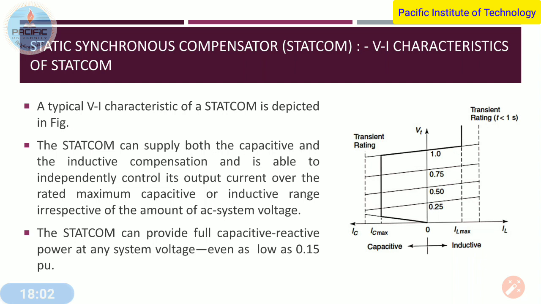Now we know that the STATCOM can supply both capacitive and inductive compensation, right? So it is able to supply both capacitive reactive power and inductive reactive power, and it is able to independently control its output current over the rated maximum capacitive or inductive range. So it can control the output current also.